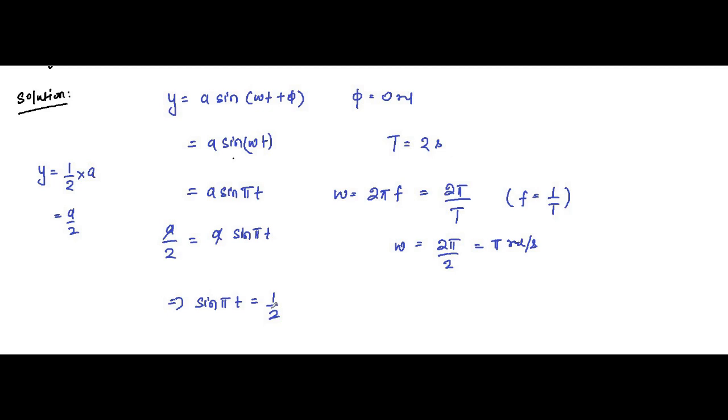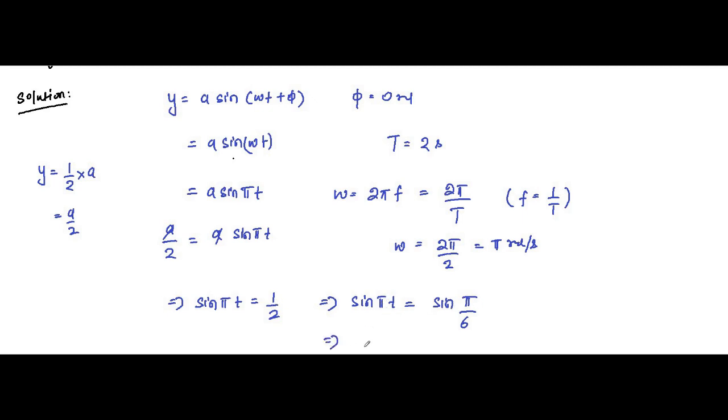Now we have to find a particular sine function, the value of which is equal to 1 by 2. So it is sine 30 degrees, or pi by 6 in radians. That implies sine pi t, we can write it as sine pi by 6 in terms of radians, since sine pi by 6 is equal to 1 by 2. So we have substituted 1 by 2 with sine pi by 6.